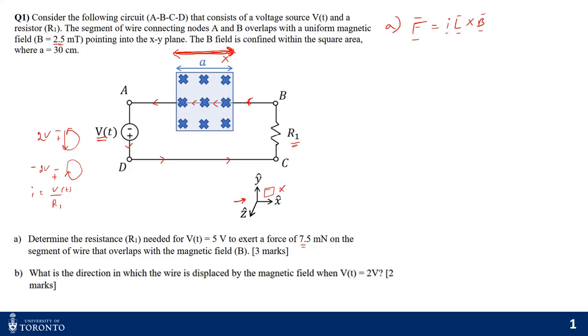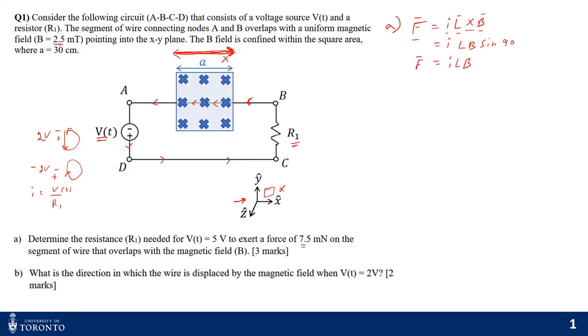Because it's a cross, that means it's in the negative z. So you already have 90 degrees between L and B. So if you mathematically remove the cross, then you have to put sine theta, which in this case is sine 90, which is 1, right? So you end up having basically ILB, right?